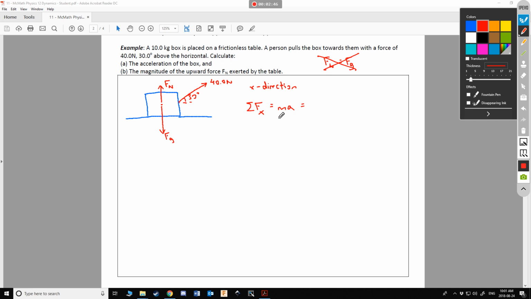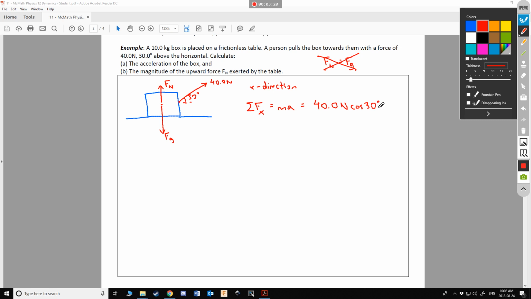This ma represents the overall effect that's happening on this box. We have to ask ourselves what individual forces are causing this acceleration. And when you look at this, the only force acting in the x direction is this 40.0 newtons pulling to the right. But we just want the x component of that, so that is going to be cosine 30 degrees.